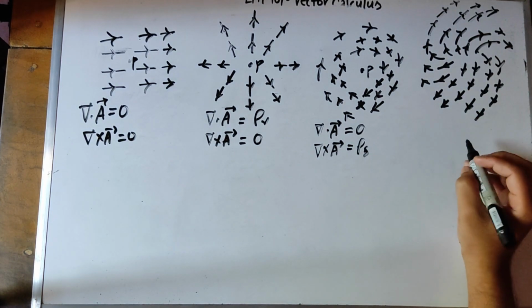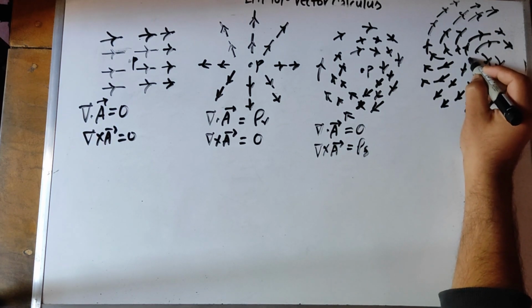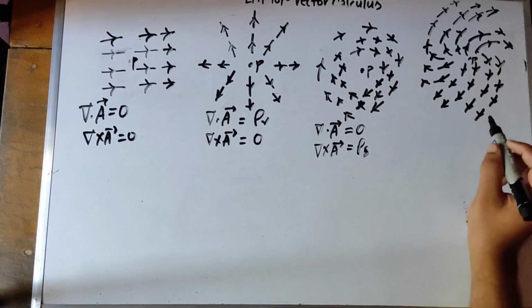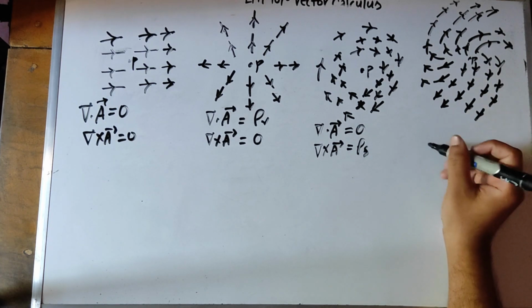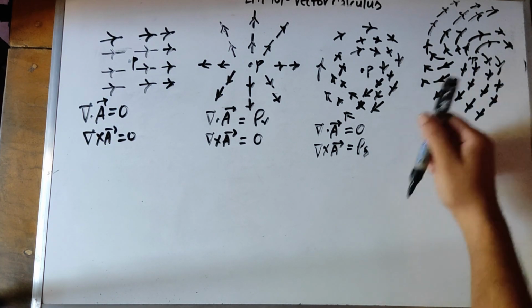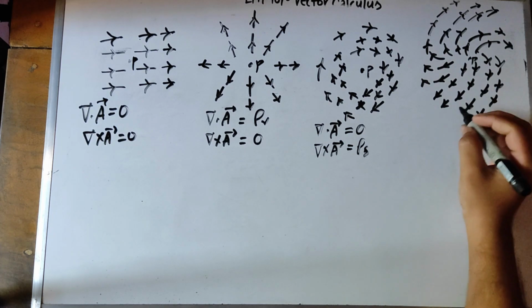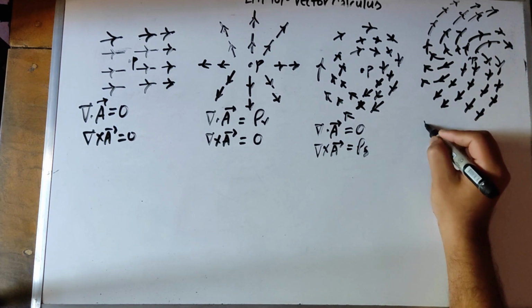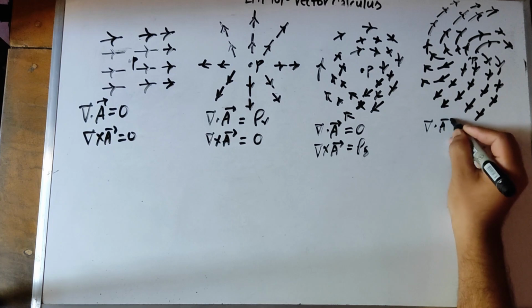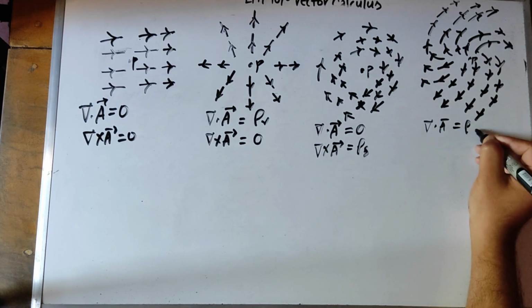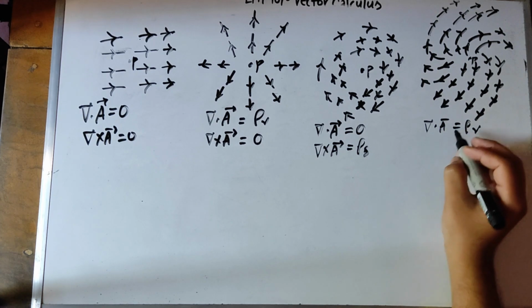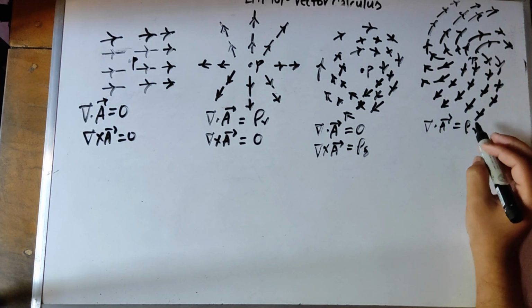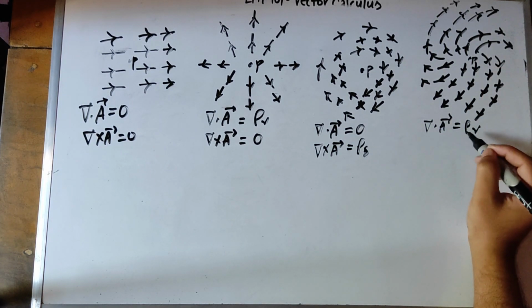And in this case, say there is a point P, we can see that the vector A is divergent. It's emanating from a point, a source, so it is divergent, and the divergence of this field has some value.